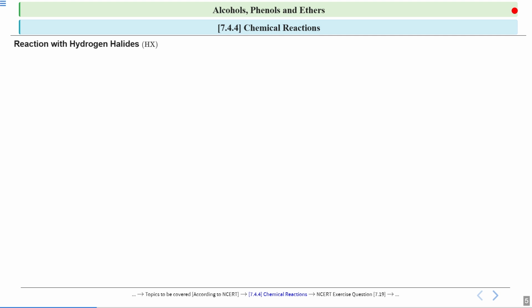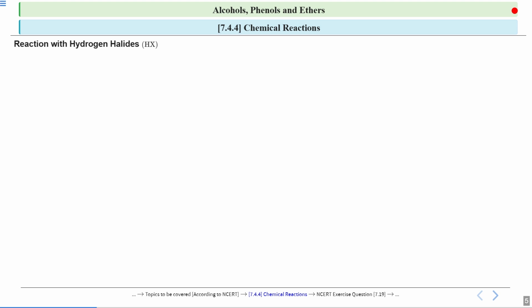So, can you guess why the reactions which involve the cleavage of the carbon-oxygen bond are only for alcohols and not for phenols? See, the reason is very simple. If you look at the structure of phenol, you all know that in phenol there is an aromatic ring and the OH group is directly attached to that ring. In phenols we all know that oxygen has electron density to donate, so there are resonating structures in phenol.